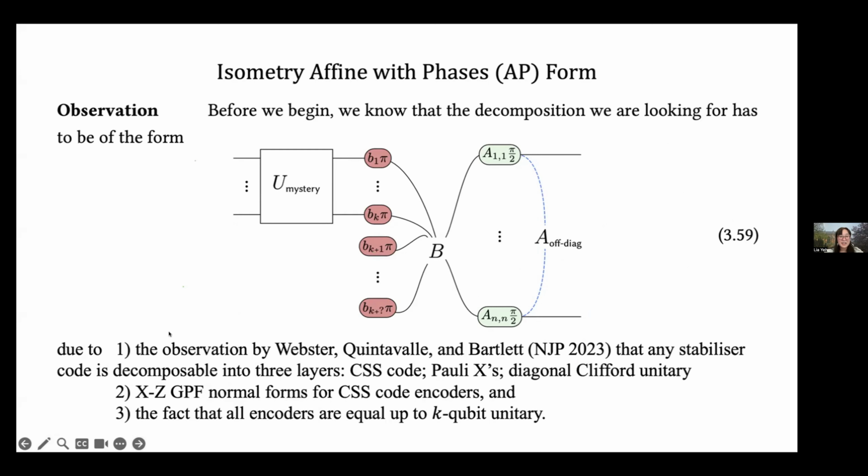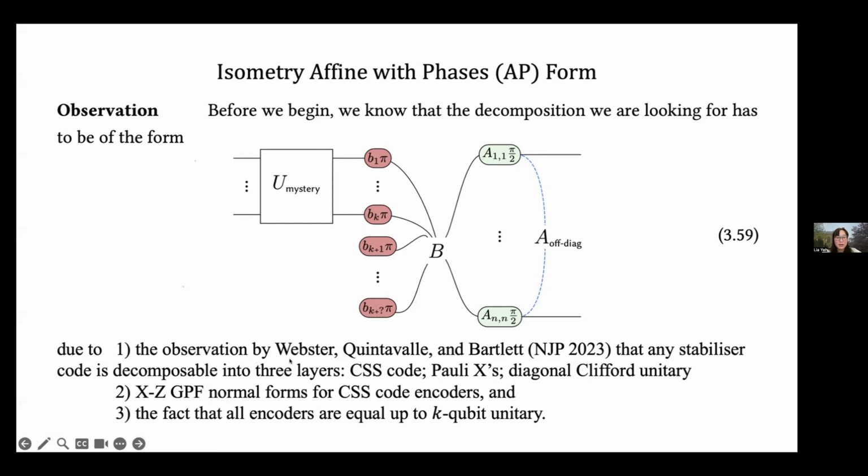There was an observation in a recent paper by Webster, Quintavalle, and Bartlett in the New Journal of Physics that said that any stabilizer code is decomposable into 3 layers: a CSS code, Pauli X, and then finally a diagonal Clifford unitary. This observation isn't new for codes, but they hadn't looked at isometries.